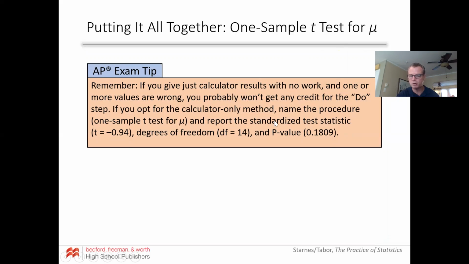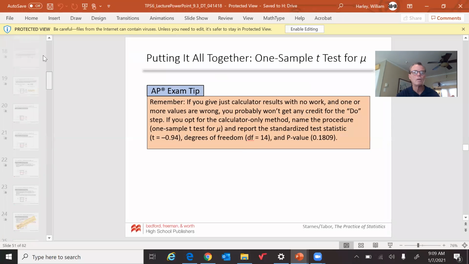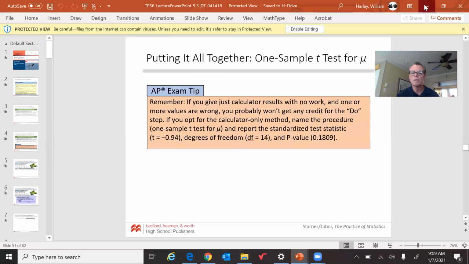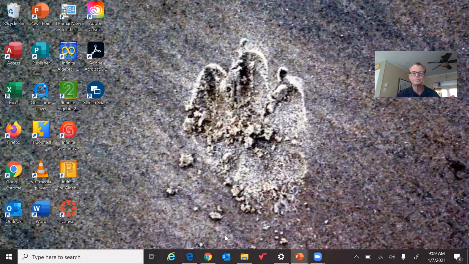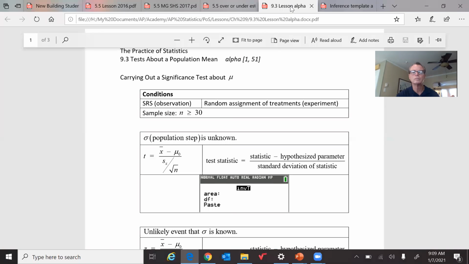And you're going to use the template to do this. So here we are.